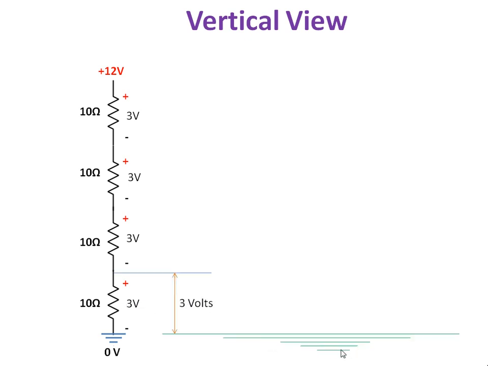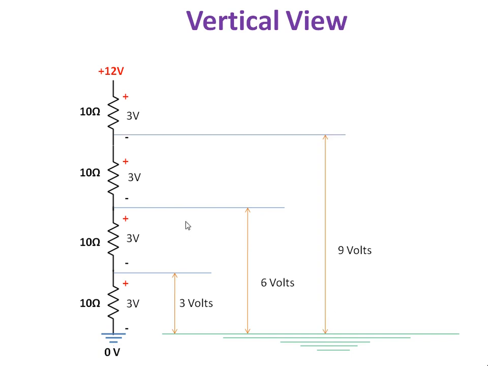And this green color shows that it is with respect to earth, or negative zero potential. If I measure the voltage across the first resistor with respect to ground, it will be 3 volt. Across the second resistor, 3 plus 3 gives 6 volt. Across the third, the voltage will be 9 volt, and across the last resistor, the voltage will be 12 volt with respect to ground.